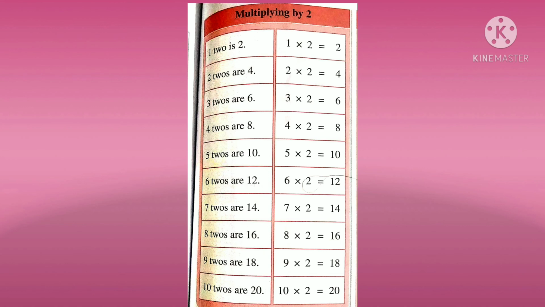Or 2 times 1 is 2, 2 times 2 is 4, 2 times 3 is 6, 2 times 4 is 8, 2 times 5 is 10, 2 times 6 is 12, 2 times 7 is 14, 2 times 8 is 16, 2 times 9 is 18, 2 times 10 is 20.